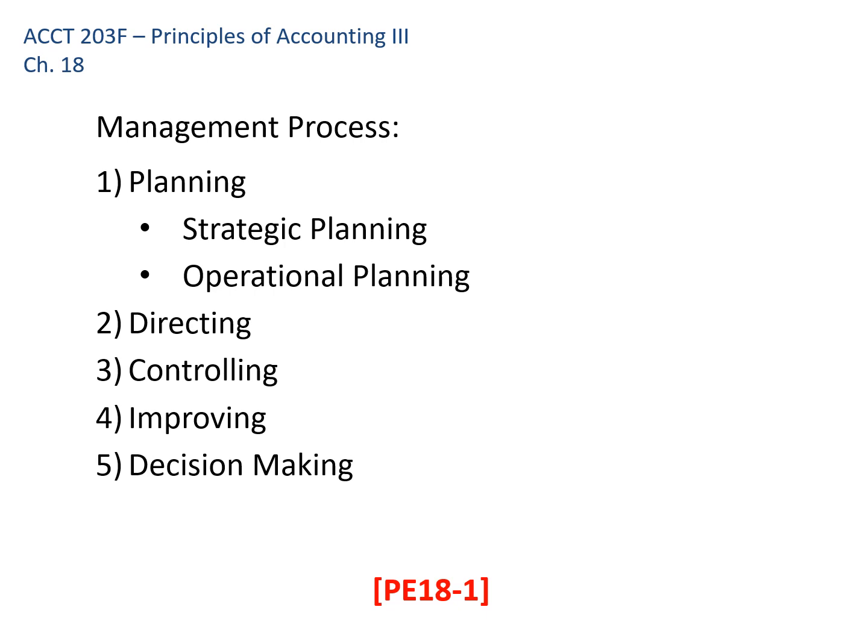Controlling means checking, are we on the path we intended to be? And if not, let's bring ourselves back. It could be about improving functions. There's no company that's perfect that does everything right. There should always be improvements. And then lastly, decision making, which is kind of inherent in all of the others.